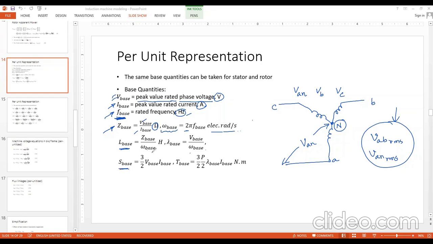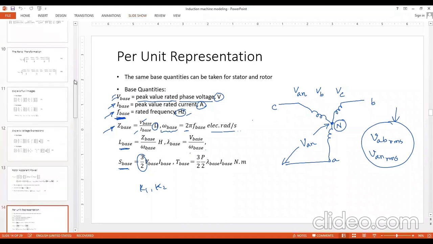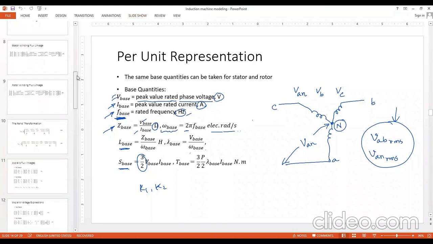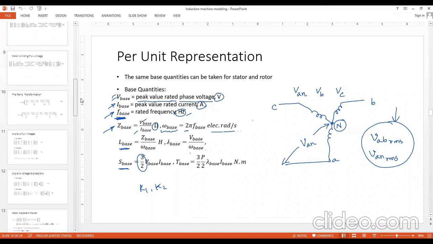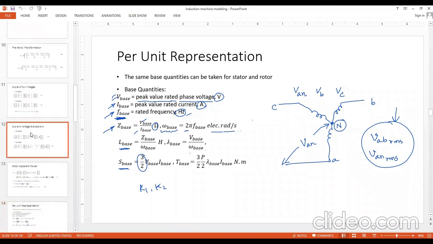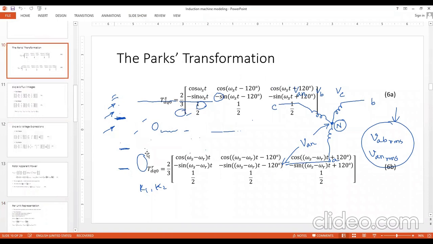S base, because of your choice of K1 and K2, you can clearly see that in the expression of S. So here is an observation. We chose actually 2/3 in our transformation matrices. Okay, where is that? Okay, in slide number 10. So you can see it is 2/3 half.